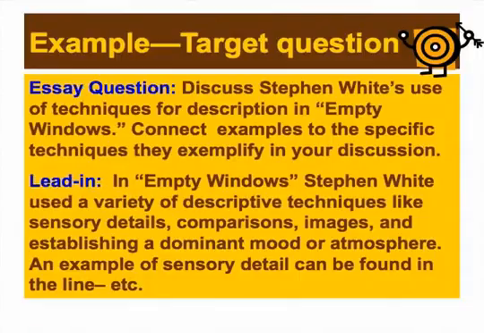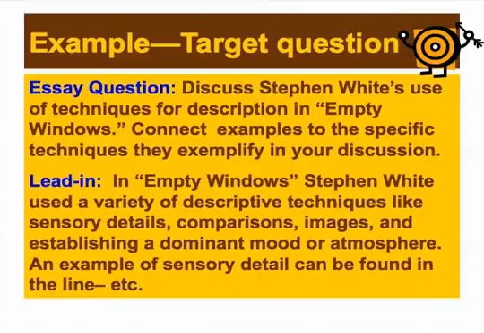So let's look at some examples. You want to make sure you stay targeted on the question that's being asked. That's the best advice I can give. And by focusing more on the question itself in order to write a good lead-in, you will have a better understanding by the time you begin your answer of where you should go with it.